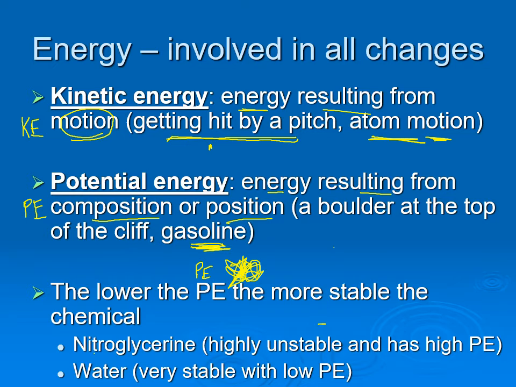There's a compound called nitroglycerin. Nitroglycerin is very unstable and it has a high level of potential energy. Nitroglycerin is something that's so unstable that if you had a test tube of it and you shook it up, put your thumb over the top and you shook it up, it could literally explode right in your hands. Water, however, is very stable. You can do a lot of things with water, and it's safe. It doesn't really do anything.